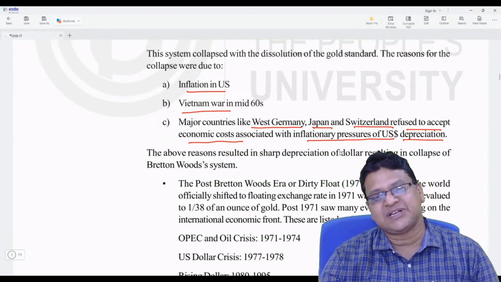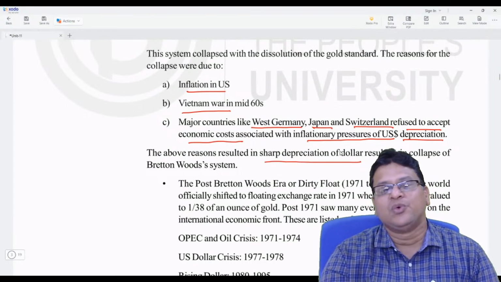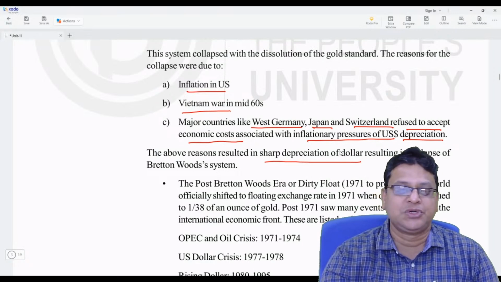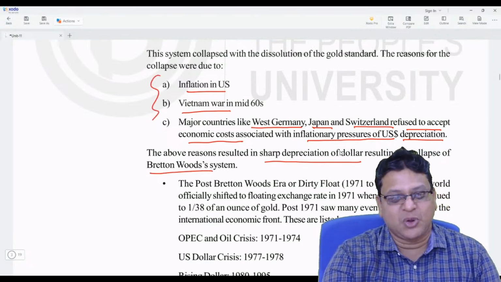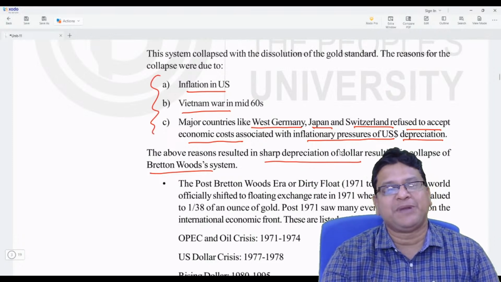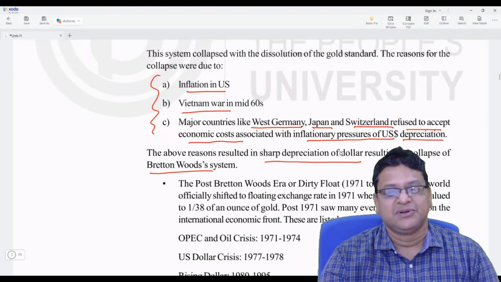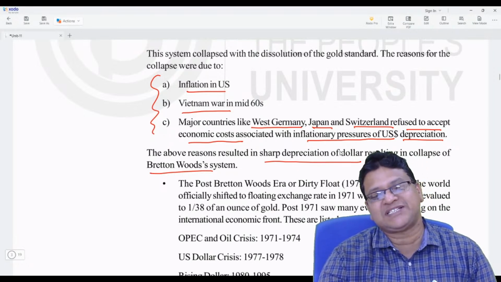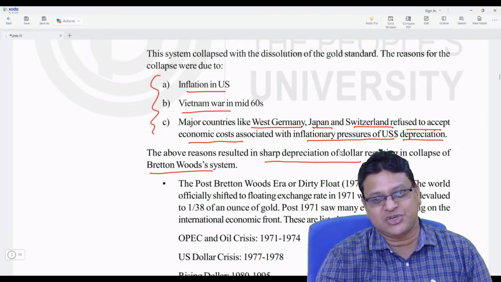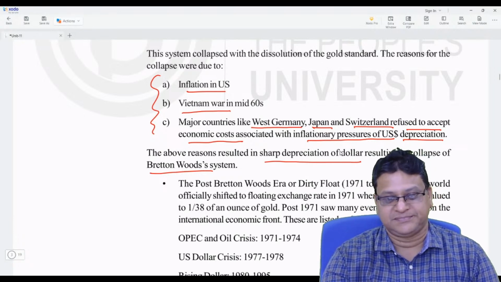These are the reasons for the sharp depreciation in the dollar, which resulted in the collapse of the Bretton Woods system. As the dollar value depreciated, the Bretton Woods system could not be followed, because the system was that every country tried to fix the exchange rate in relation to gold or in relation to the US dollar.